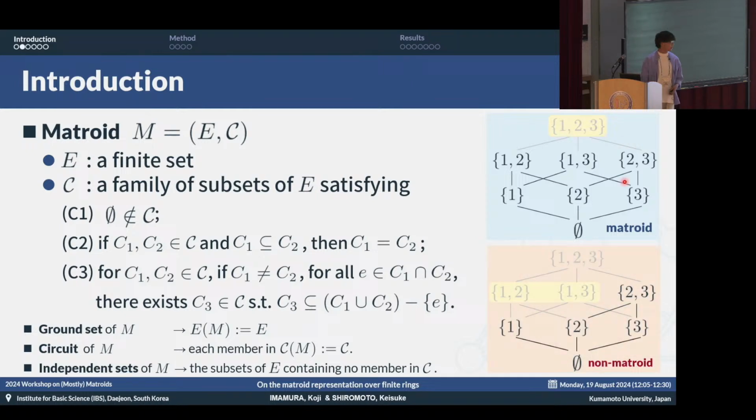And this is not a matroid, because if we take {1,2} and {1,3} as circuits, then there is a unique element 1 contained in both. But the union of {1,2} and {1,3} minus 1 is {2,3}, and {2,3} and all its subsets are independent. So this does not satisfy the circuit exchange axiom.